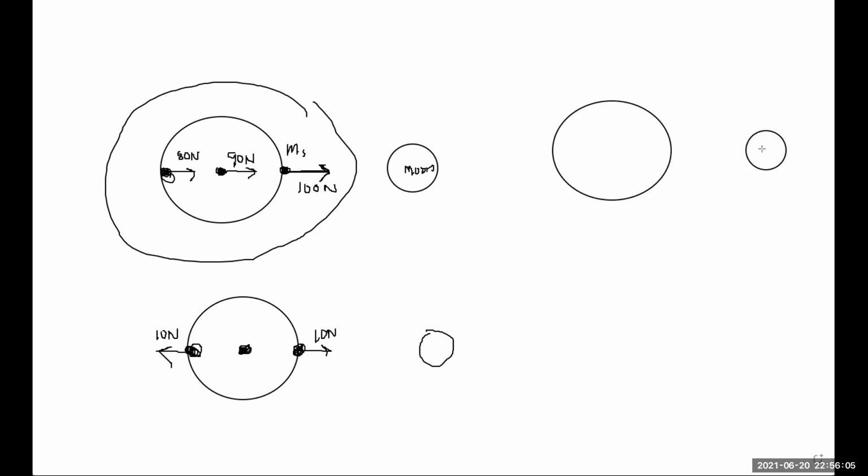You see? So the moon will have a tidal effect and it will bulge out. Of course, I am exaggerating here. The tidal force of the moon on the Earth is not that strong to make the Earth be egg-shaped like that.